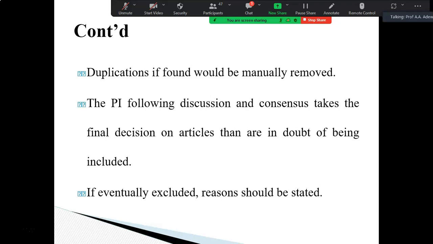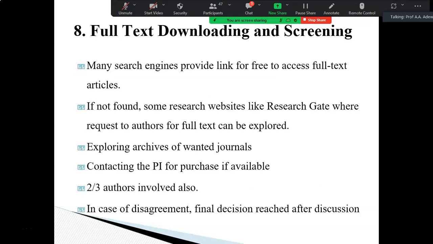The duplications, if found, will be manually removed, and the principal investigator, following discussion and consensus, takes the final decision on articles that are in doubt or being included. If some articles are eventually excluded, clear reasons should be stated for excluding those articles.